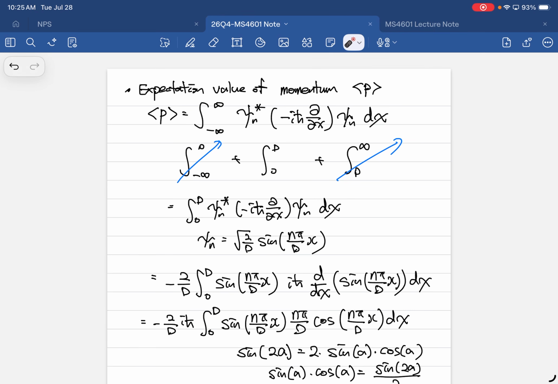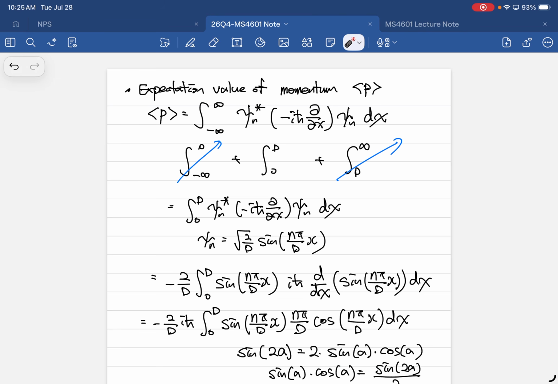Again, momentum or velocity, because momentum is mass times velocity, right? If we know the material we are dealing with, let's say an electron, if we know the mass of the electron, we can easily correlate between momentum and velocity. Also, in the quantum world, momentum or velocity has a probabilistic value.